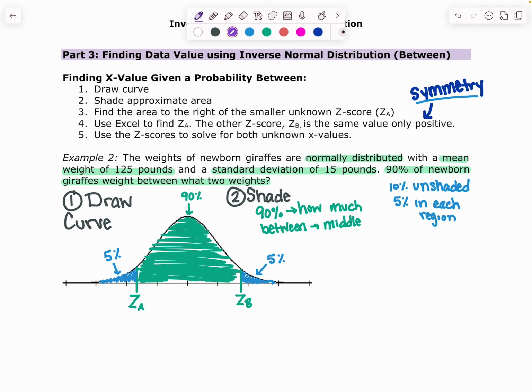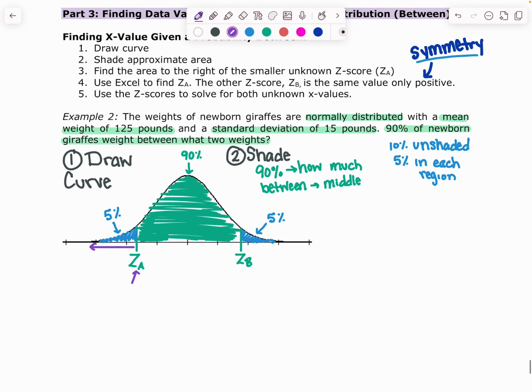And we need to know this because in order to find ZA, this z-score, we need the area to the left. When we go into Excel, Excel needs the area to the left of your unknown z-score. And that's what we're going to do next in step 3.